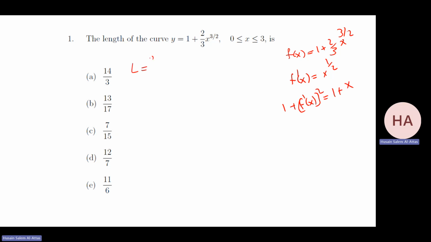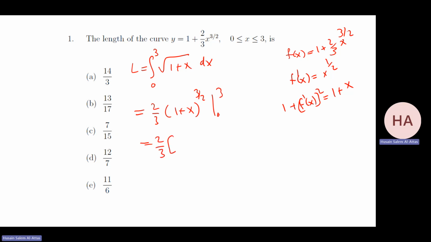So L will be from 0 to 3 of the square root of 1 plus x dx. That will be 2 over 3, 1 plus x to the power 3 over 2, from 0 to 3. That will be 2 over 3 of what? 4 to the 3 halves is 8, minus 1. That will be 14 over 3.